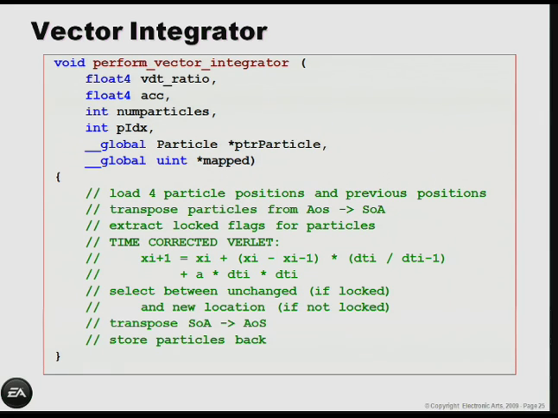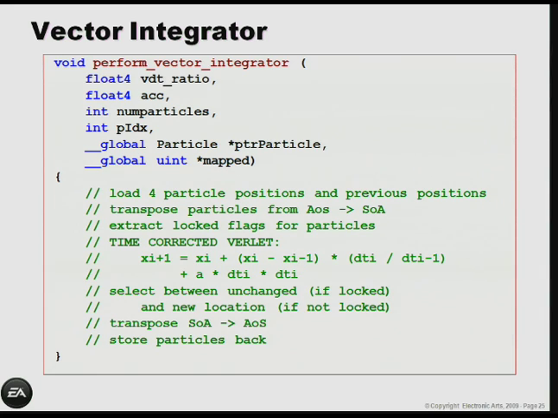So at a really high level, the vector version of the integrator, and I'll just talk about the integrator briefly as an example. It's not the most complicated of the kernels in this sample, but it's the easiest one to talk about. At a very high level, all that's really happening is we're going to load up 4 particle positions and their previous positions into some local registers. Then we're going to do a transpose from AOS order to SOA order so we can do an efficient calculation.